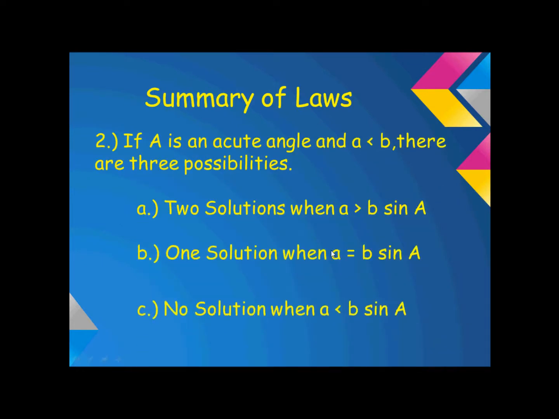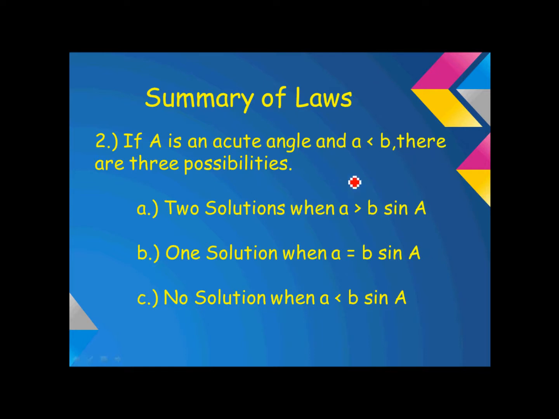If A is an acute angle and a is less than b, there are three possibilities. A. Two solutions when a is greater than b sine A. B. One solution when a is equal to b sine A. And no solution when a is less than b sine A.